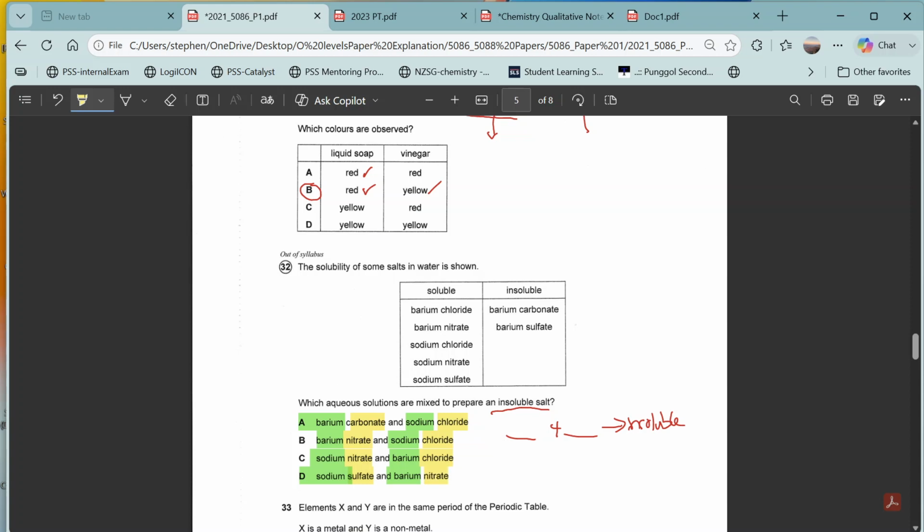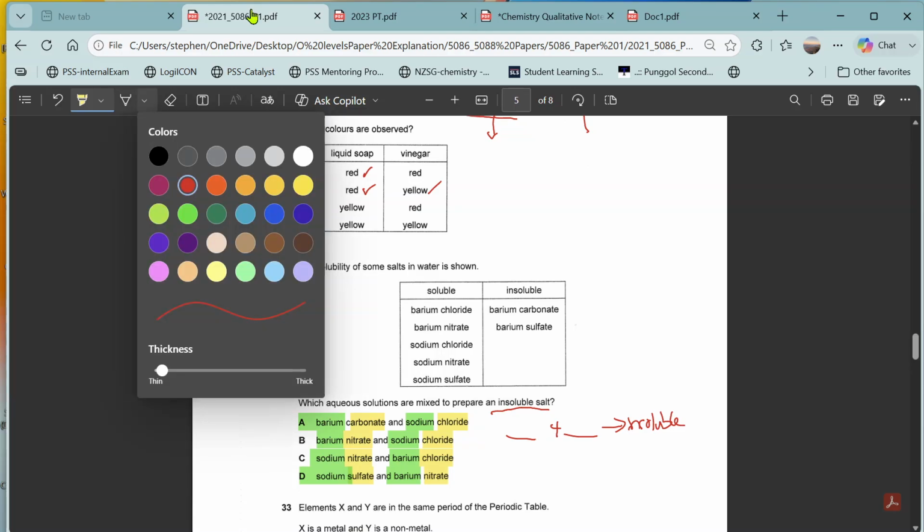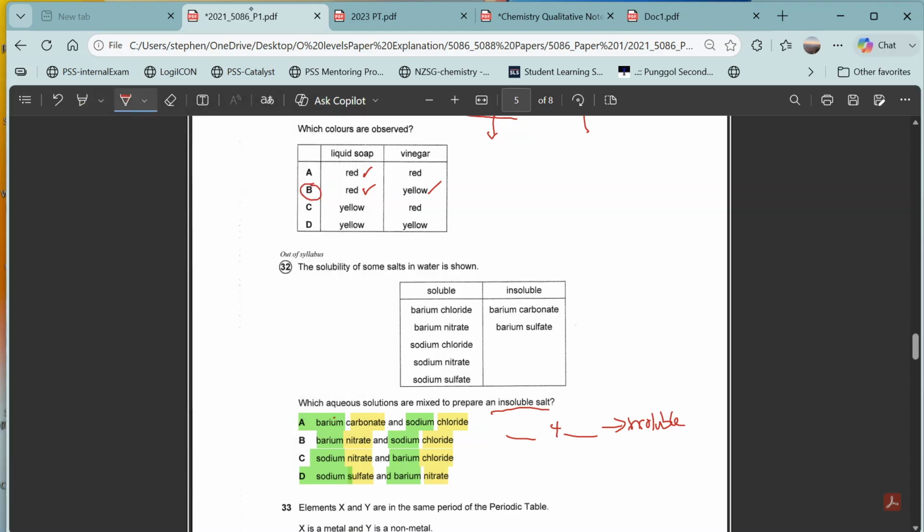When you mix two salt solutions together, the first cation will combine with this one, and this one will combine with this one. Same thing, when they are in a bigger mixture, this will combine with this one.